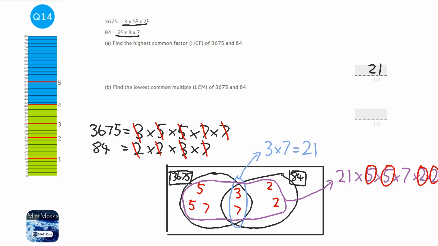So all we need to do is 21 times 7 and then put 2 zeros on the end of it. 21 times 7 is 147, so put 2 zeros at the end of it. If it's on the calculator paper, you just literally use your calculator to times them out. And so that's 14,700. Well, the chances of us finding that with trial and error are close to impossible, so you can see why this method is so good.